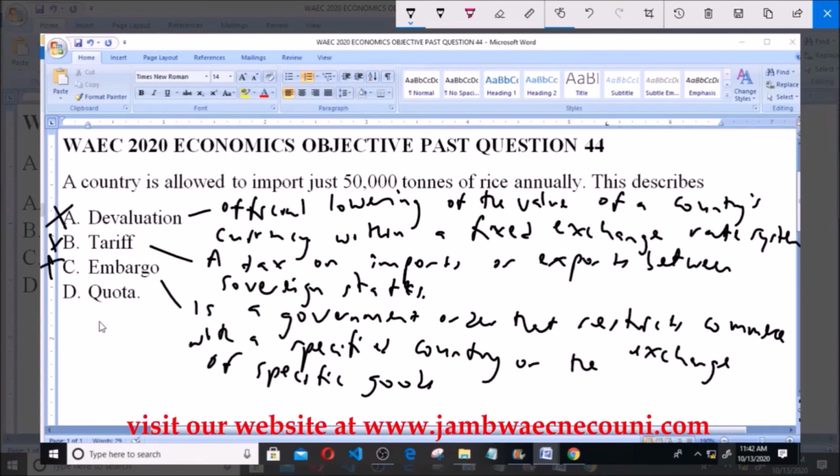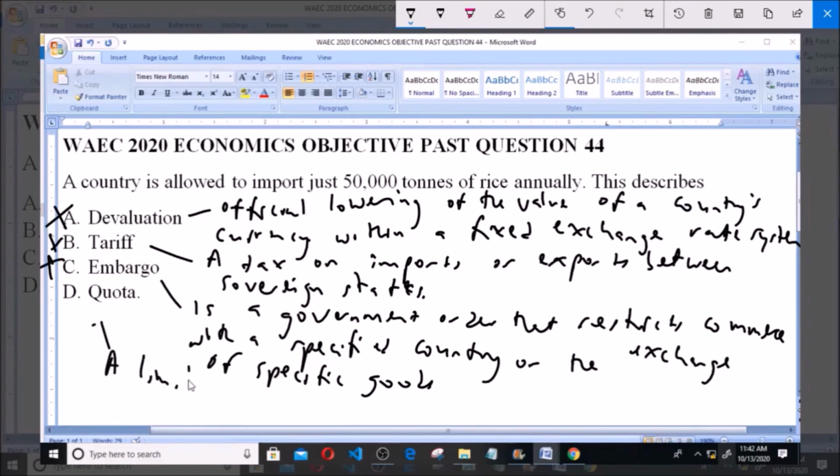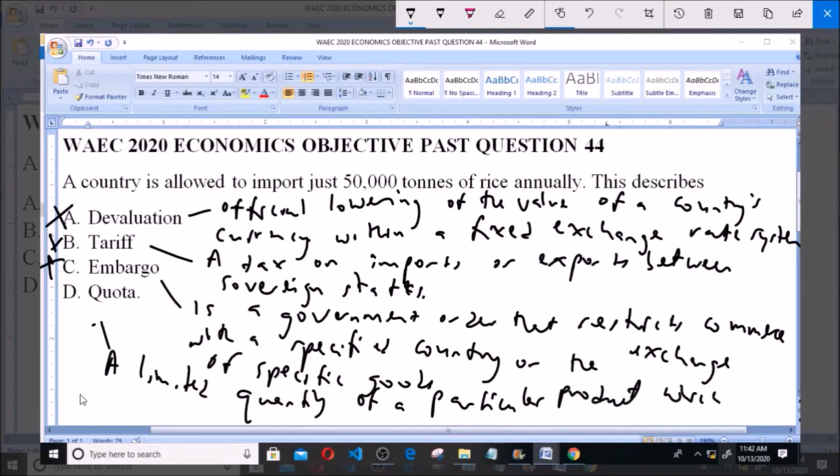Now option D, which is quota, refers to a limited quantity of a particular product which under official controls can be produced, exported or imported.